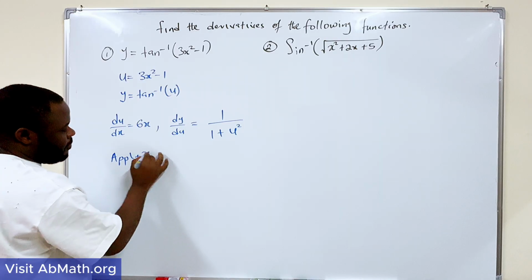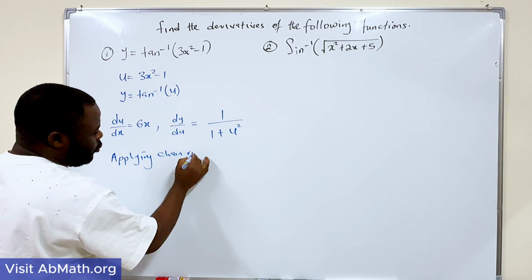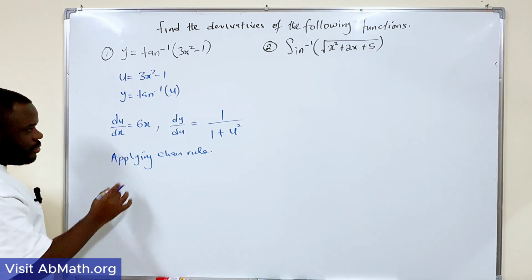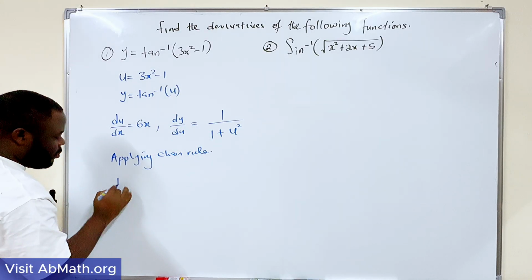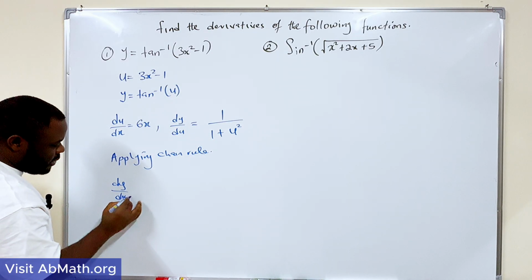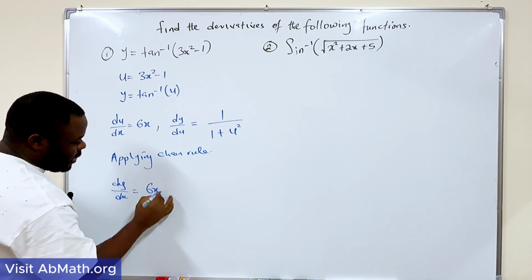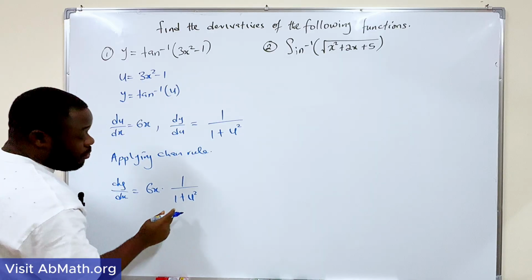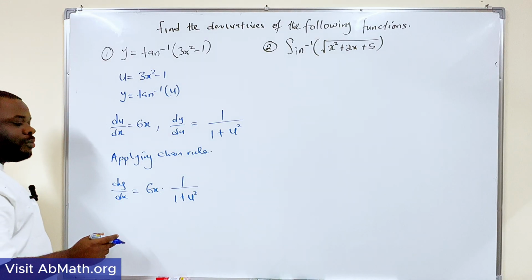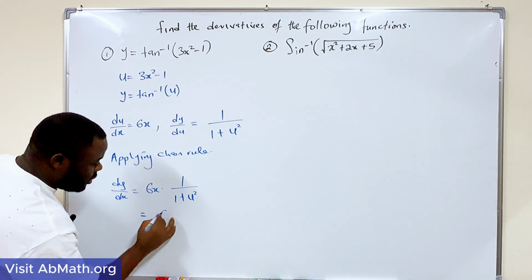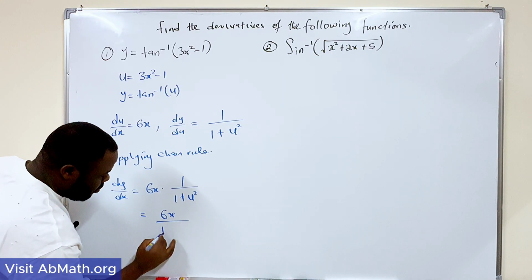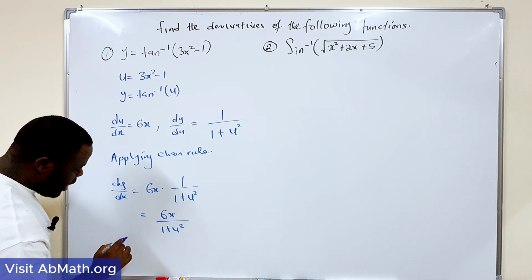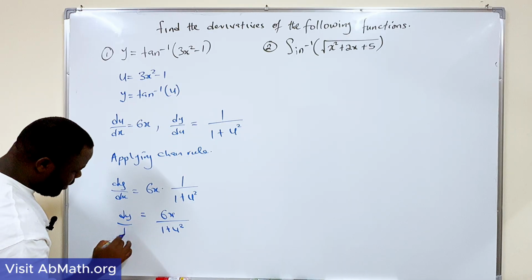So you multiply this by this. So dy/dx will now be equal to 6x multiplied by 1 over 1 plus u to the power 2. So this will give us 6x over 1 plus u squared. That's dy/dx.